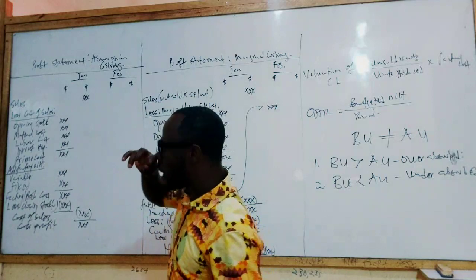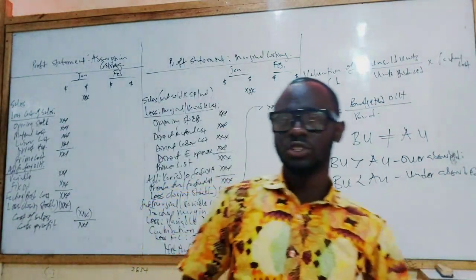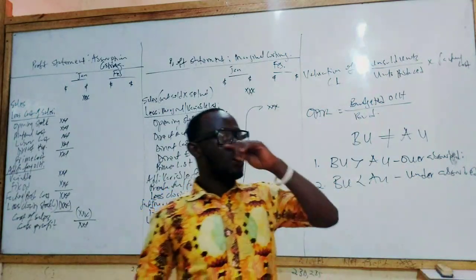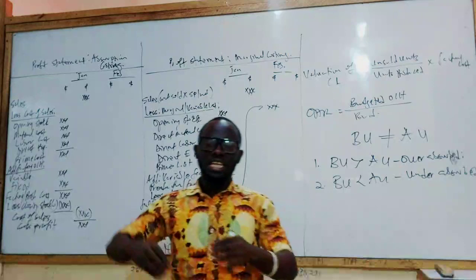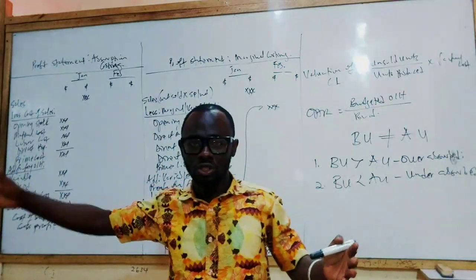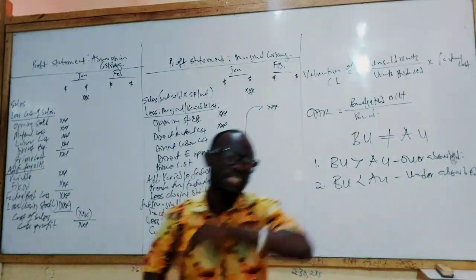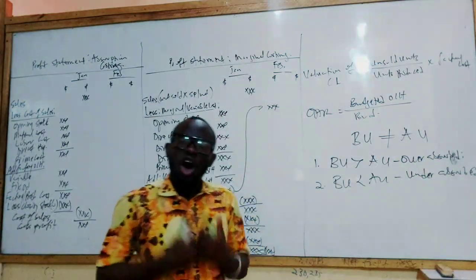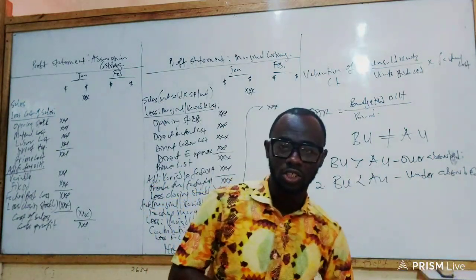I mentioned that usually under absorption costing, the overheads are absorbed using labor hours. Now, the budgeted labor hours we're going to be bringing here is based on the budgeted units that we want to produce. For that reason, if we have to determine whether overheads are over-absorbed or under-absorbed, all we do is compare our budgeted unit against our actual unit.